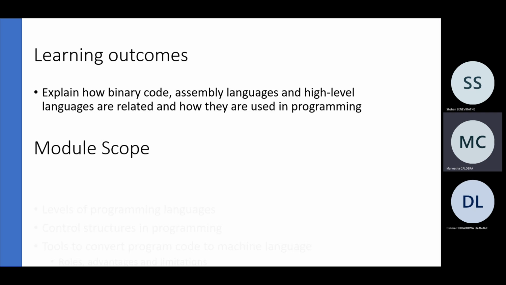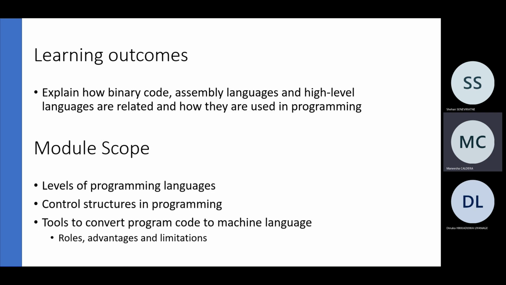The module scope covers limited constraints. Those are the levels of programming languages. Basically, I'm going to discuss high-level programming languages, low-level programming languages, and how these translations work. Then control structures in programming, some fundamental things such as conditionals like if-else, and loops.